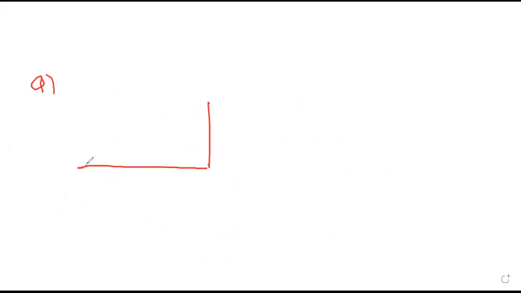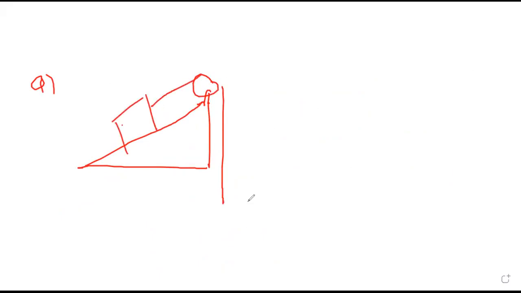This is again an inclined plane. Now we have a block fixed to this plane at the top end. And this is one block, string is tied, passing over a pulley. Another weight of 3 kg is suspended from the free end. This weight is 5 kg. This angle is theta.